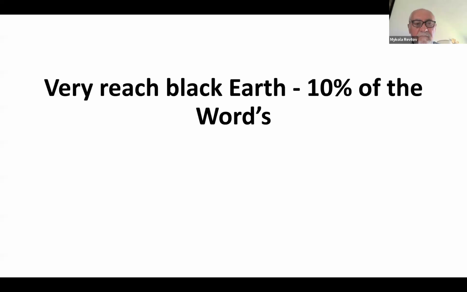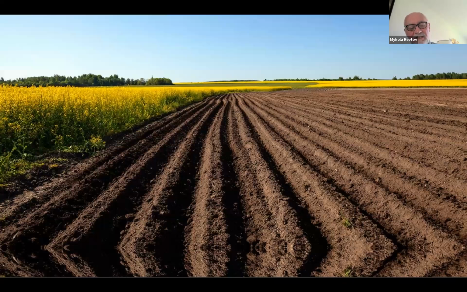Also, we have very rich black earth, 10% of the world's resources of black earth. You can put a stick in this earth and see a tree growing in a couple of weeks.